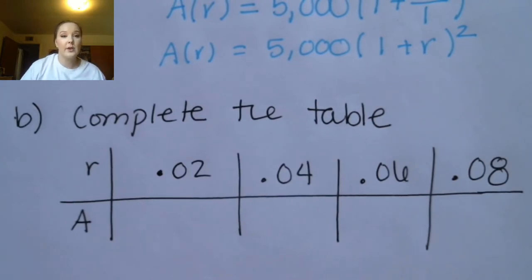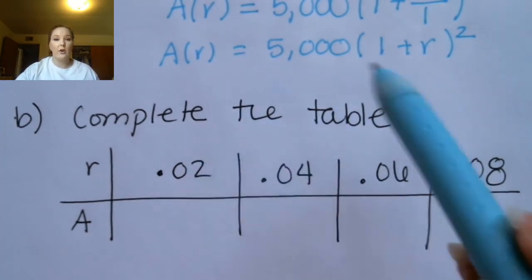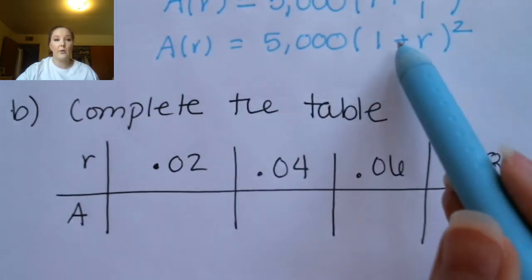You guys know how to fill in a table, so I would pause the video now and complete this table. They're giving us values for R. We're going to plug them into our equation.